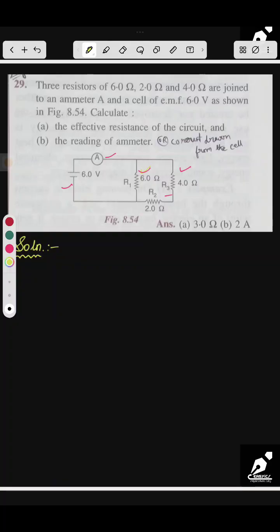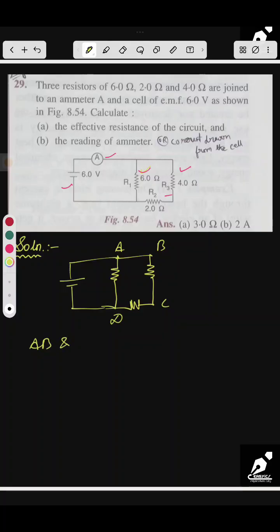Let me try to draw the circuit once again. I'm not drawing the ammeter. Let me name the points A, B, C, and D. Now I'm saying one thing here. AB and BC will be in series.